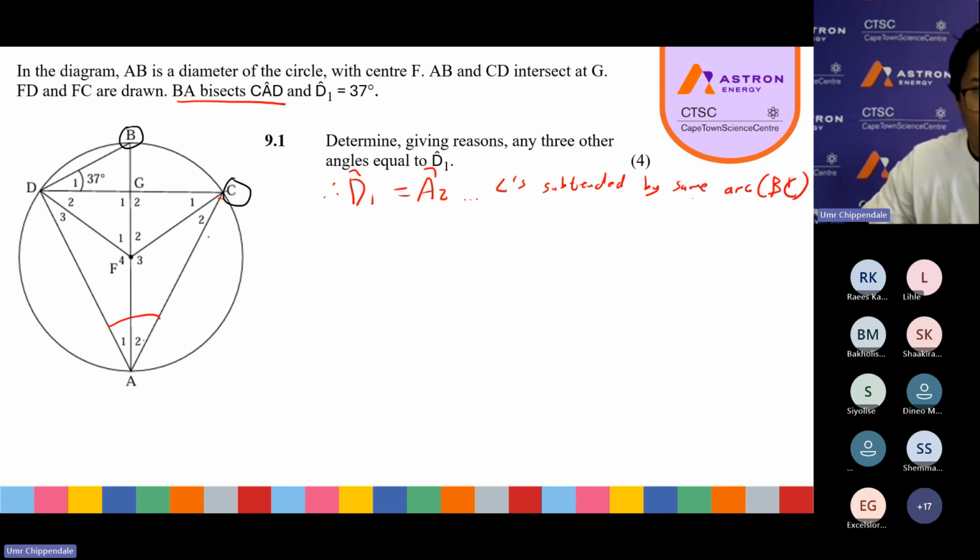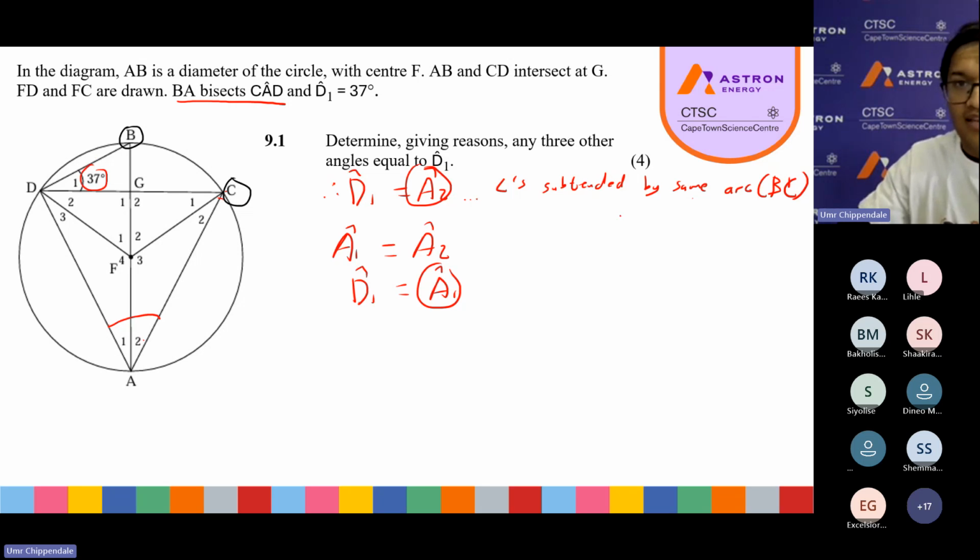So if we said that angle A2 is equal to 37, then angle A1 is also equal, because it bisected it. So therefore you can say angle D1 is also equal to A1. So we have 1 and 2 angles that are also equal to 37.